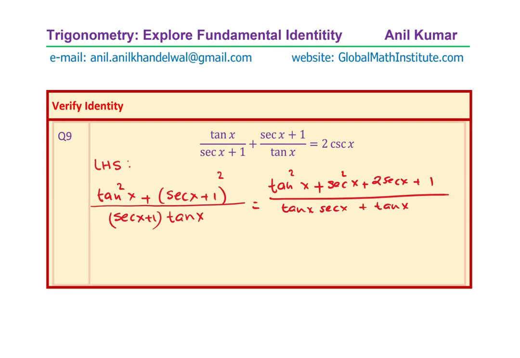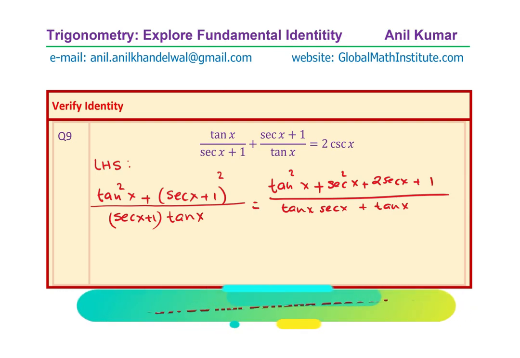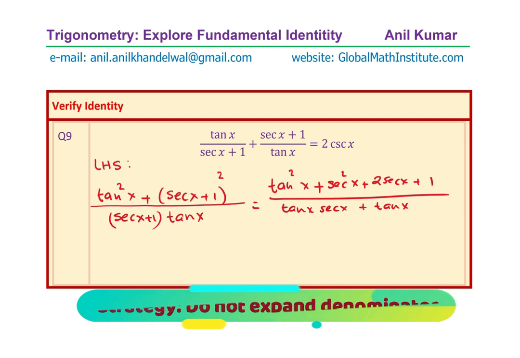It is always a good idea in such cases to write them as sine and cosine and then work on it, right? So you could also convert to sine and cosine and then do the needful. Perfect. So that could be your strategy in solving such questions, correct? So try this out. One is the approach which we are giving you here.